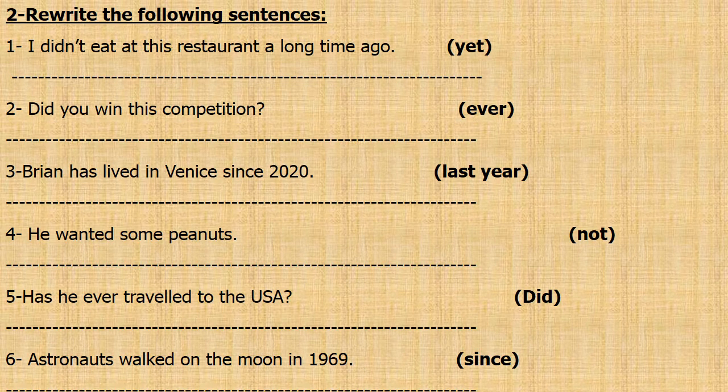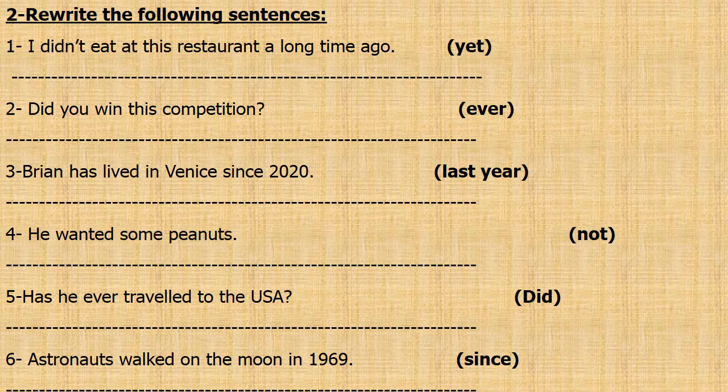Now let's answer question number 2. Rewrite the following sentences. Number 1, I didn't eat at this restaurant a long time ago. This sentence is in the past simple. Okay, and I want you to use the word yet, so you have to change the sentence into present perfect. Instead of didn't, I will use haven't, the auxiliary verb of the present perfect.